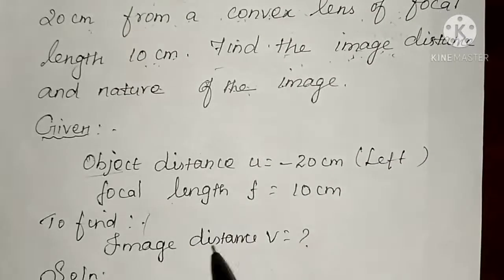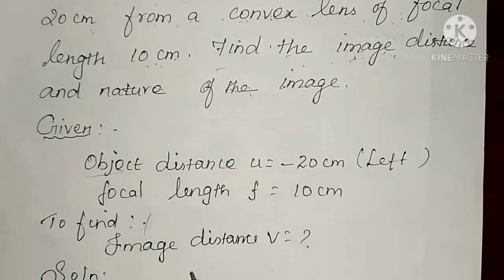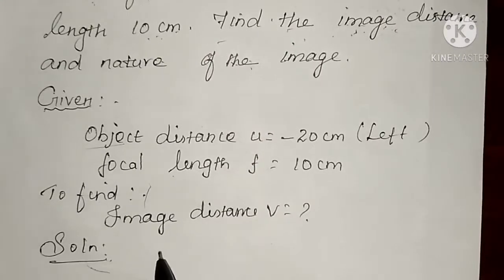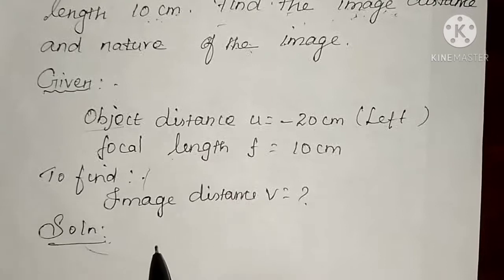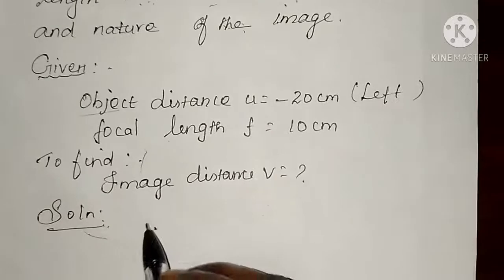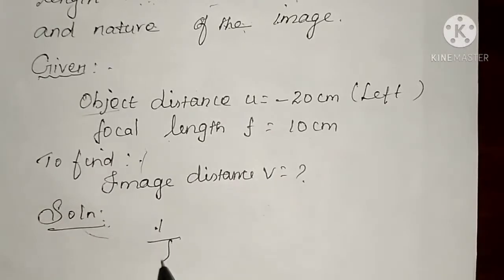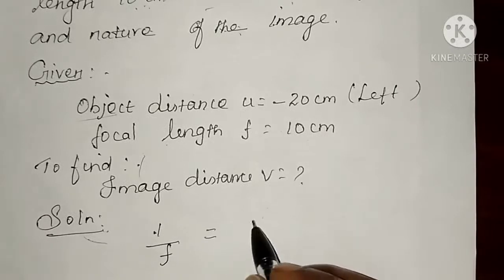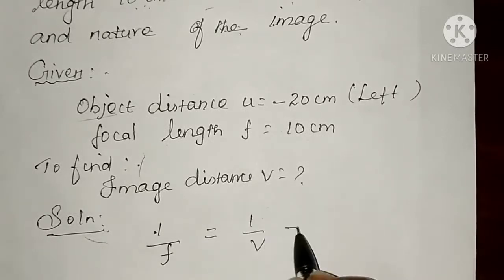So to find the image distance, do you know what the formula is for this? What's the formula? Yes. So the formula is 1 by f is equal to 1 by v minus 1 by u.